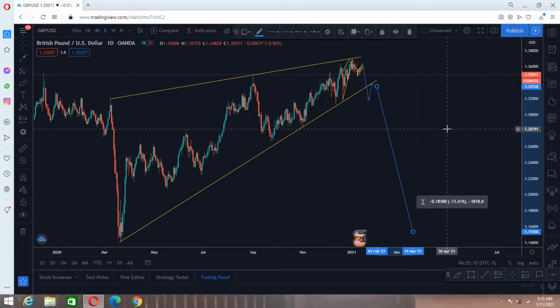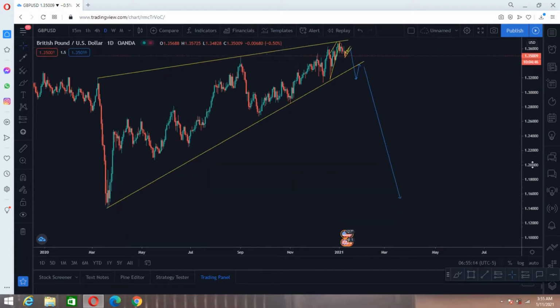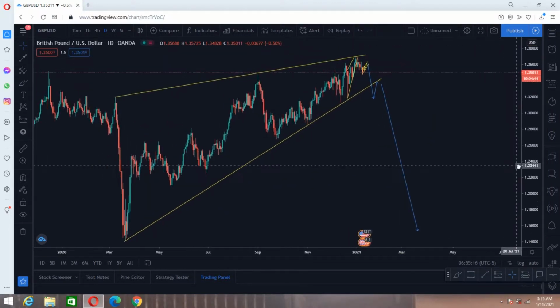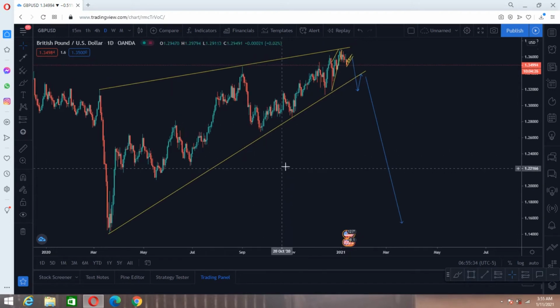This is a lot of pips, sorry. These are high pip trades for the next 6 months or 3 months. But oh sorry, this is the daily, so maybe around 2 to 3 months we'll be holding this pair. So this is what I have for GBP USD.